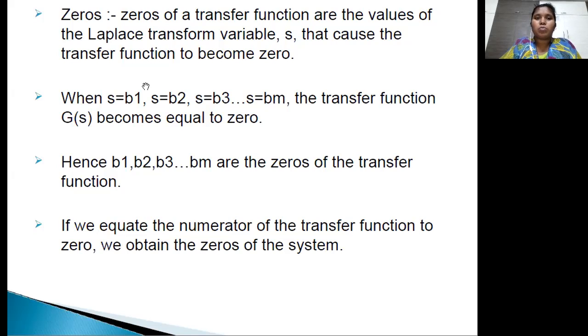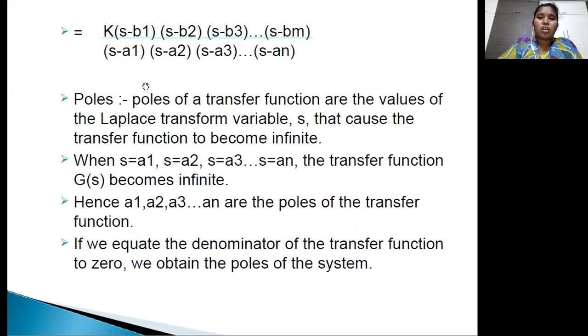So what is the difference between zeros and poles? To obtain poles, we have to equate the denominator of the transfer function to 0. To obtain the zeros, we have to equate the numerator of the transfer function to 0. So what are the zeros in the obtained transfer function here?